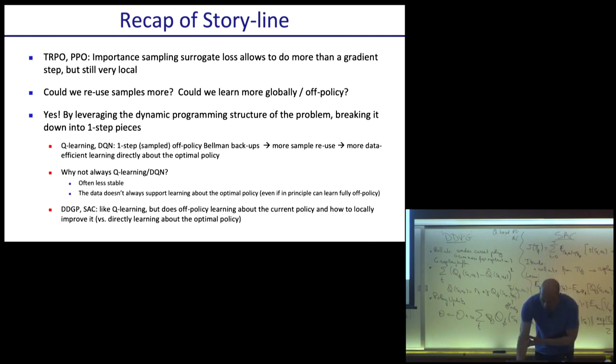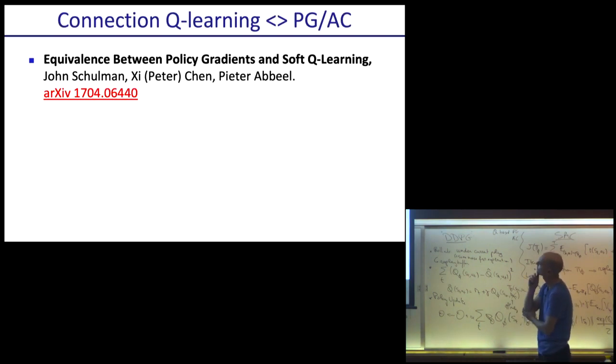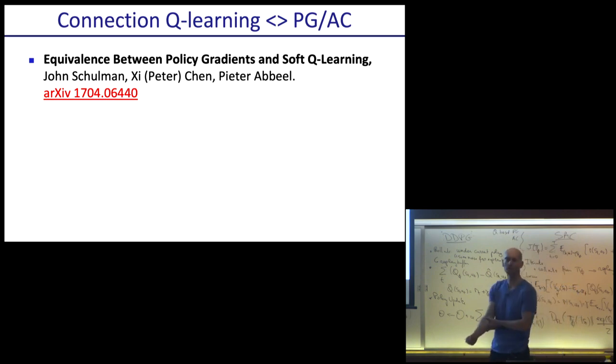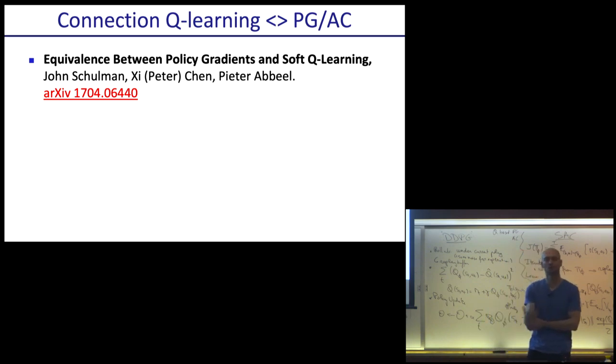Something very interesting that we wrote up 2 years ago is that there's actually a very close equivalence between policy gradients and soft Q-learning. You might think policy gradients and soft Q-learning are so different, but if you look at the details of soft Q-learning, and assume that you collect your data according to the Boltzmann policy, which is the exponentiated Q function probability distribution, then effectively you're following a very specific policy.